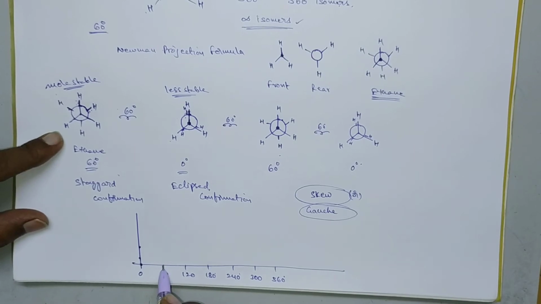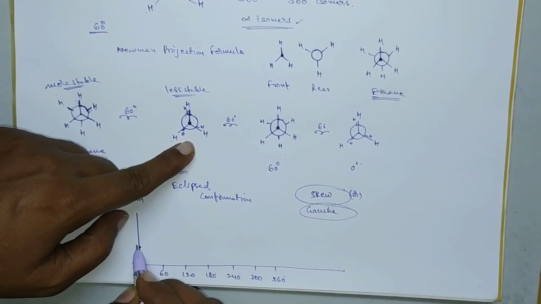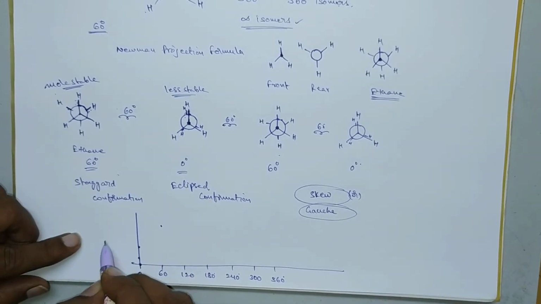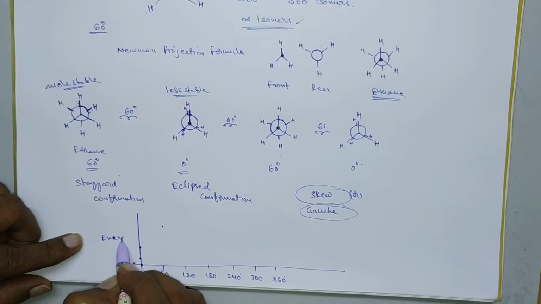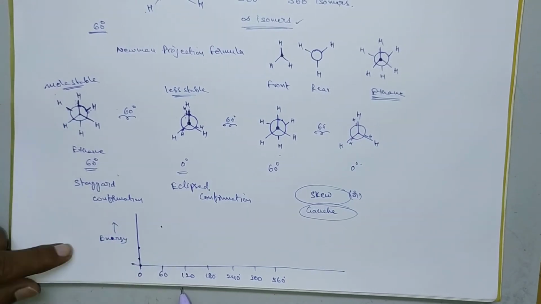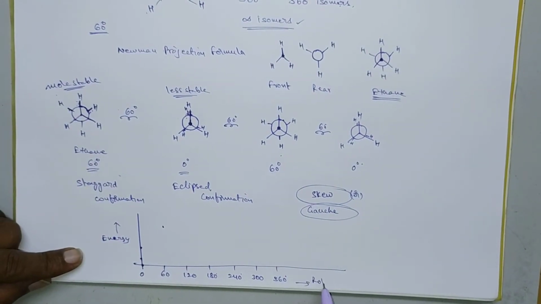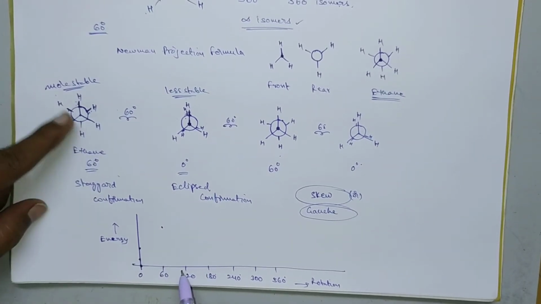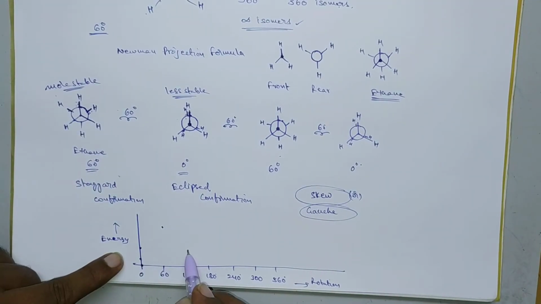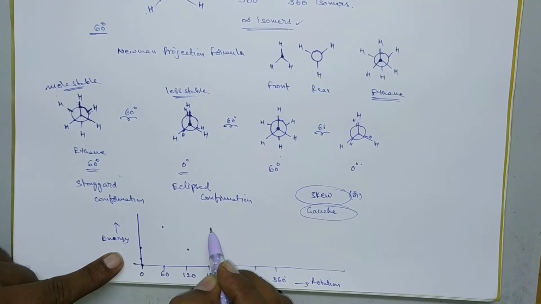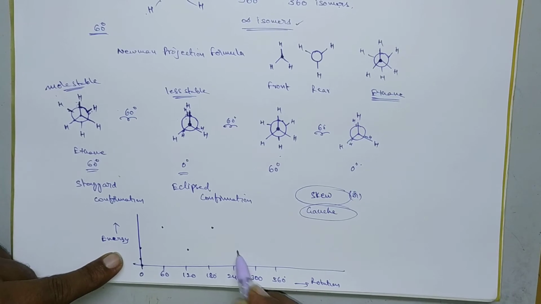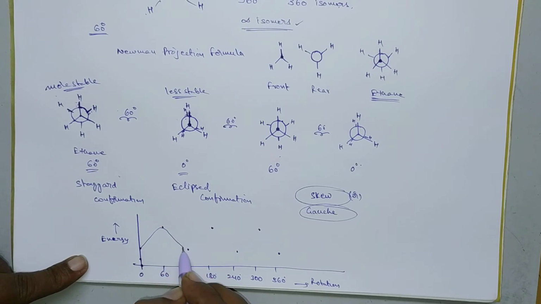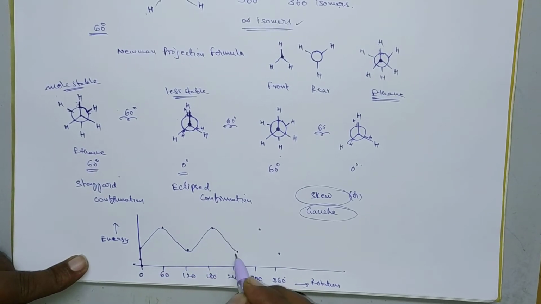By a rotation of 60 degrees we get the eclipsed conformation. The eclipsed conformation is less stable, which means it possesses high energy, so it will be present here. On the y axis we consider energy, and on the x axis we consider rotation. Again by 120 degrees of rotation we get the staggered conformation, which possesses this much energy. Like this we get alternating positions. If you join these points, we get a graph like this.